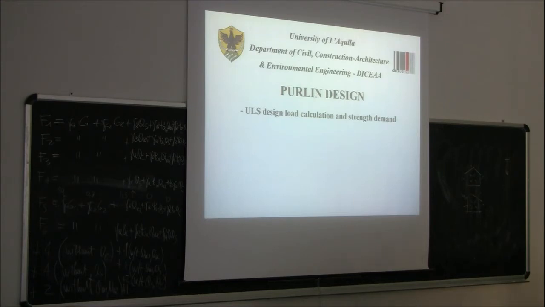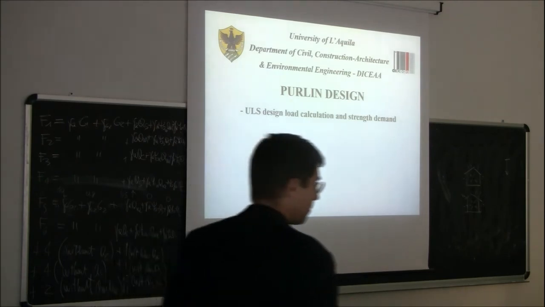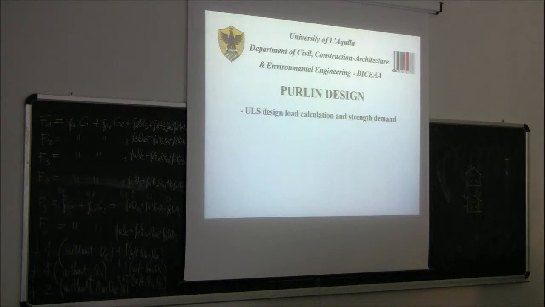So first we need to choose the most critical load condition using the principle that we defined before, and then we need to solve the beam by calculating the axial force, bending moment diagram, and shear force diagram. Then we need to design the purlin for biaxial bending. In this case, since we have a double pitch roof, the purlin will be inclined, so it will be subjected to biaxial bending, flessione deviata. Okay?